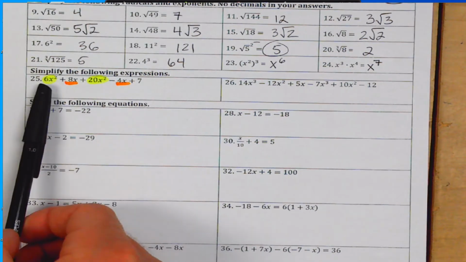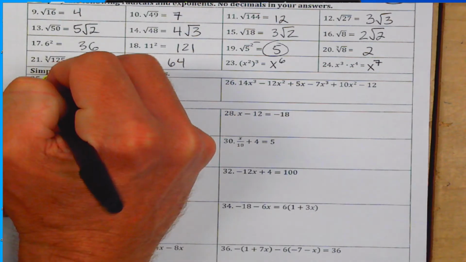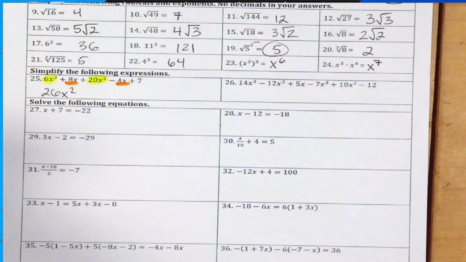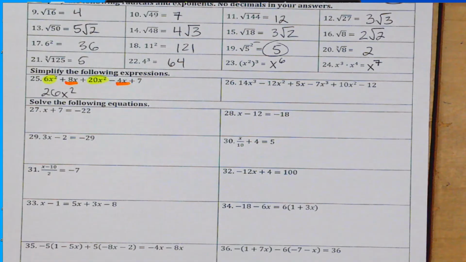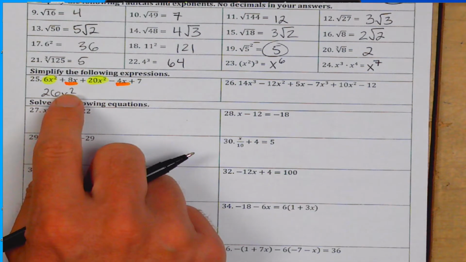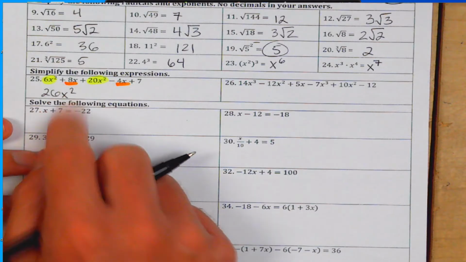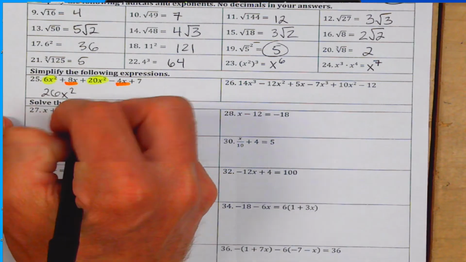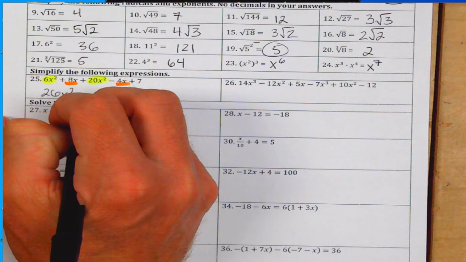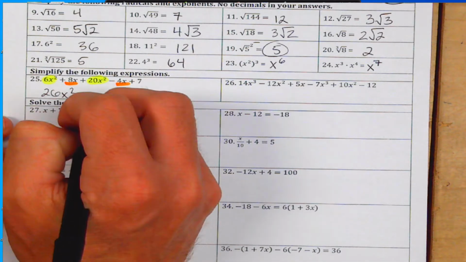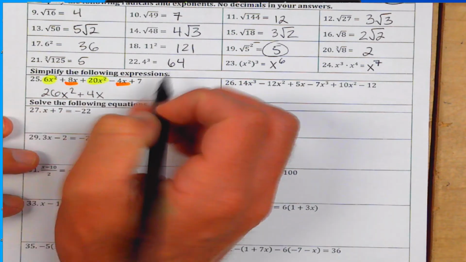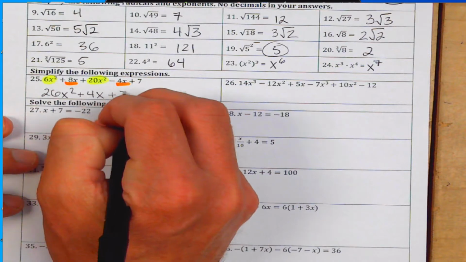So 6x squared plus 20x squared is 26x squared. And we always like to put the highest exponent first, so x squared is the highest, exponent first, not coefficient, exponent. And then 8x minus 4x is going to be positive 4x, and then we get just plus 7.